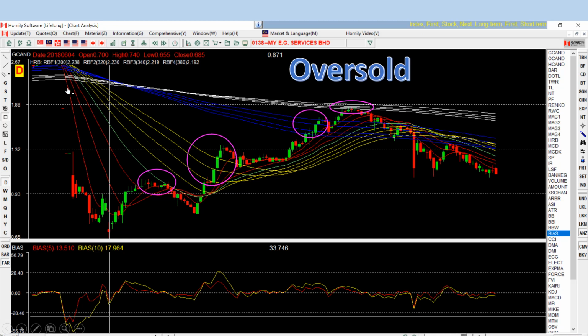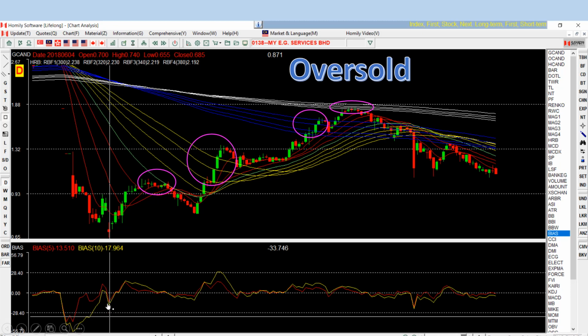For this one, we can see the red line here is radiating downwards. Which means for the short term, it is still a downtrend. And here it is very far away from the last red line. So for a short-term rebound, it still has some space.